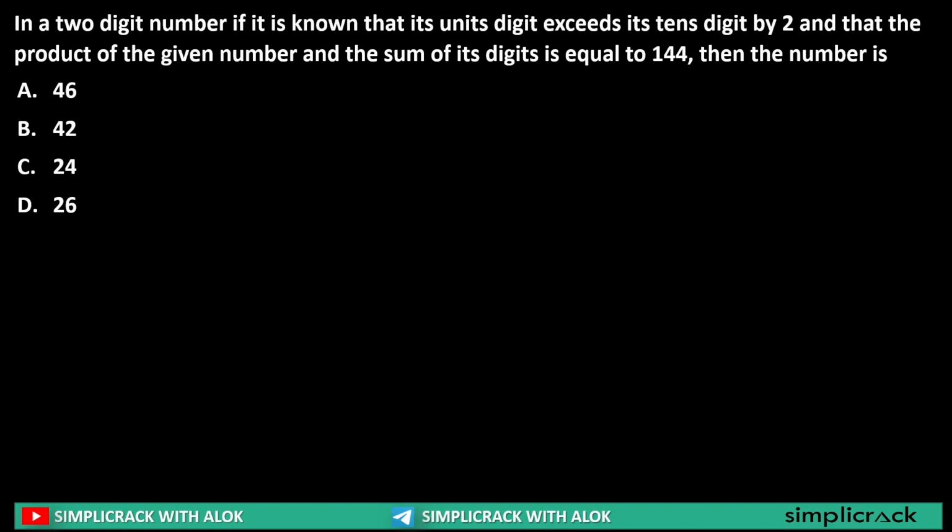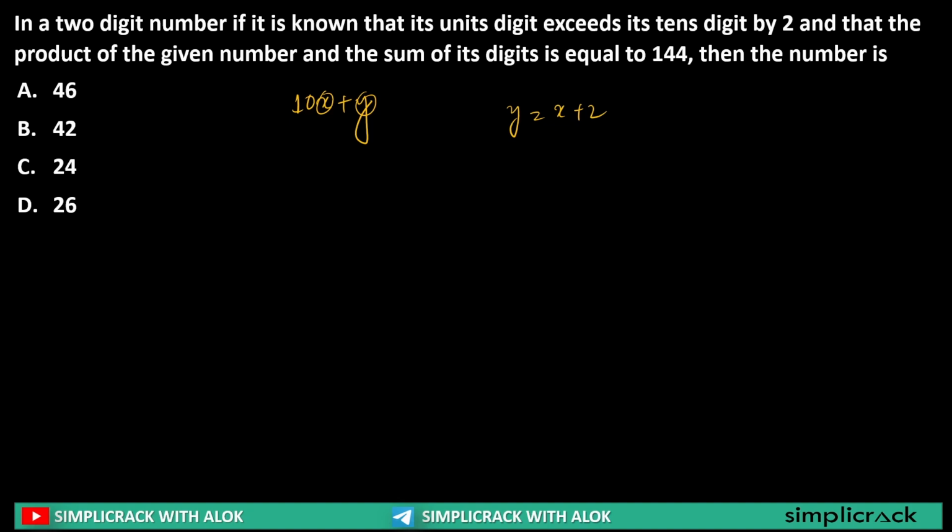In a 2-digit number, it's known that its unit digit exceeds its 10's digit by 2. So for example, the 2-digit number is 10x plus y. X is the 10's digit, y is the unit digit. So what it is saying, the unit digit exceeds the 10's digit by 2. So y is equal to x plus 2. And the product of both the number and the sum of its digits is equal to 144.